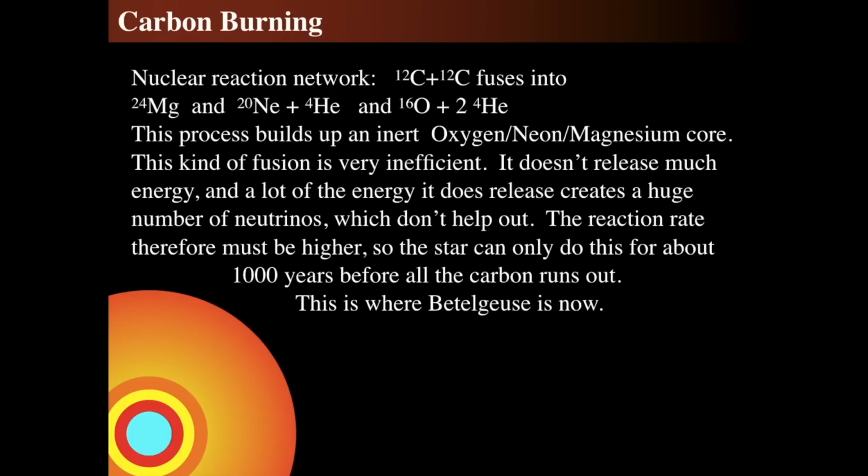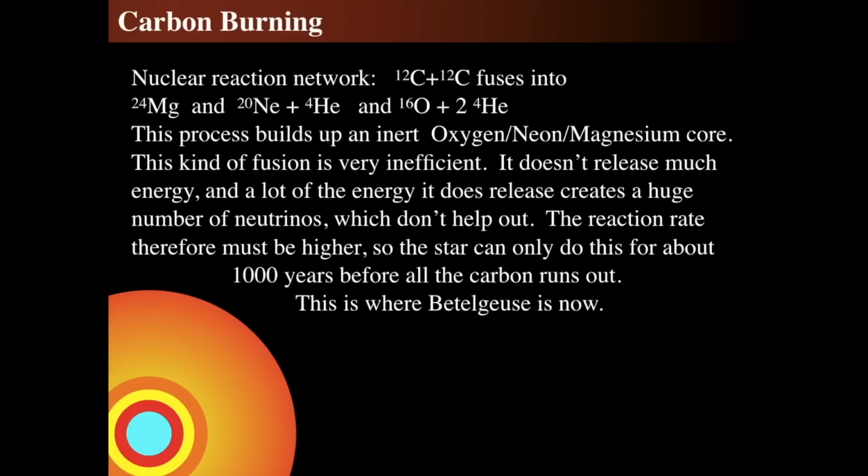And then we get all sorts of reactions. Carbon burning is a new set of reactions that happen for stars that are much more massive than the sun. Carbon can slam into another carbon nucleus and form magnesium. Neon can slam into helium, and oxygen can slam into two helium nuclei, and that builds up an oxygen-neon-magnesium core.